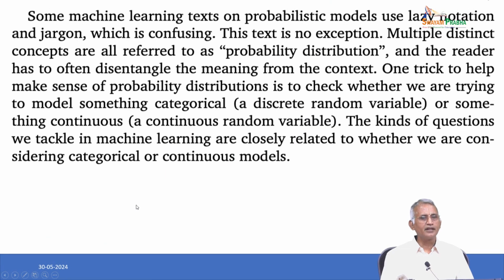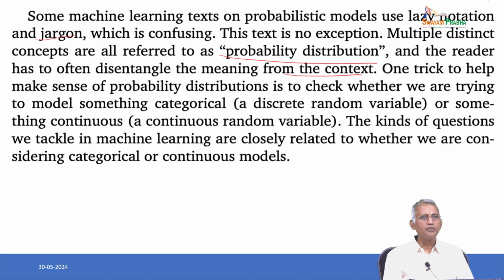Now, some machine learning texts on probability models use lazy notation and jargon, which is confusing. This text is no exception. Multiple distinct concepts are all referred to as a probability distribution, and the reader often has to disentangle the meaning from the context.